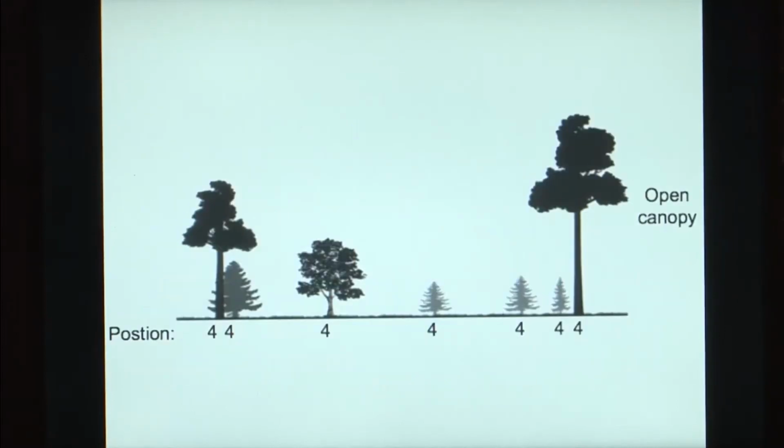Here we have trees of code 4 as well, because in this case the canopy does not cover the whole bare ground, which is why it is difficult to find an average canopy height, or this average overstory canopy zone. Because these trees are not facing any competition whatsoever, we will call them open canopy trees or code 4 trees. So, by this we can figure out the canopy position.